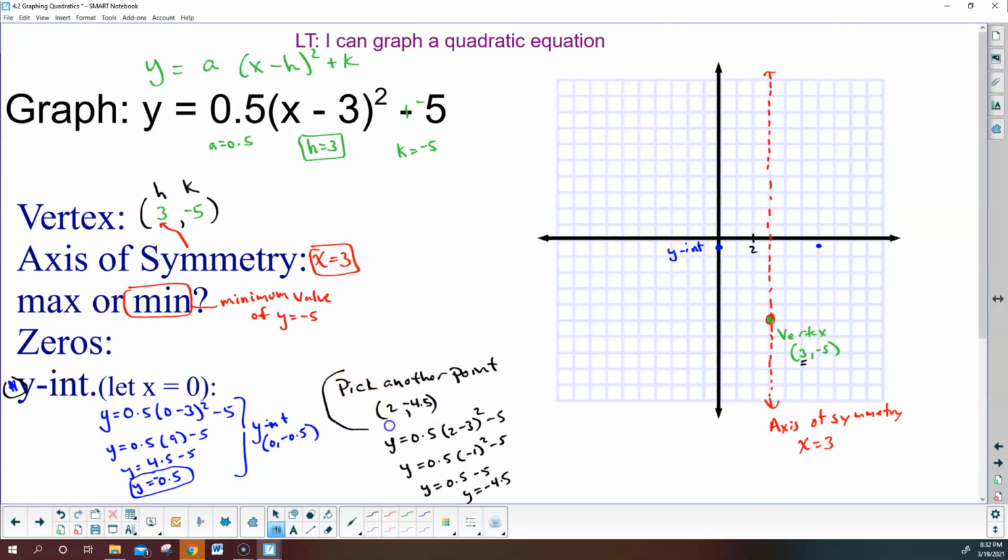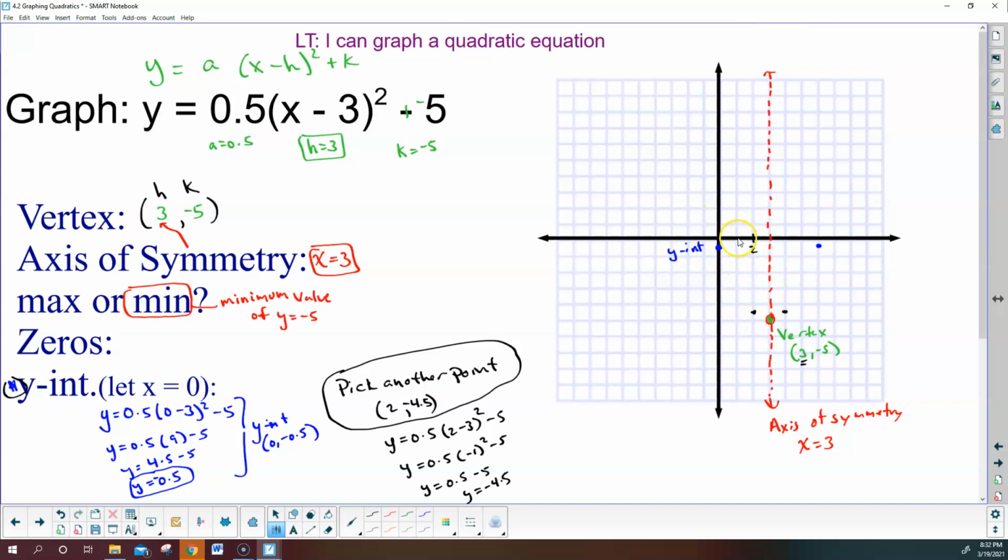And there is my other point. Well, let's check. If I go over 2, down 4.5, that puts me right here. Now notice, I'm 1 unit away from the axis of symmetry. So if I reflect that point over, now I have even another point, and it's a more accurate parabola.